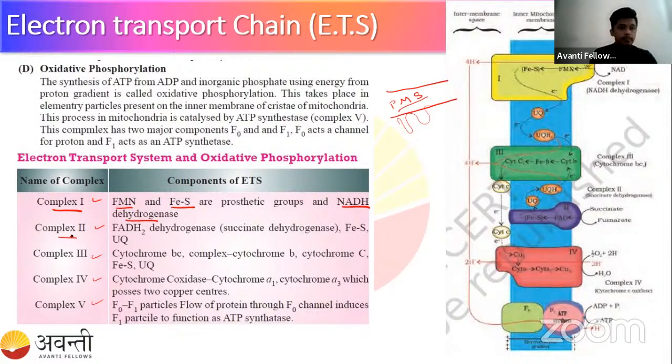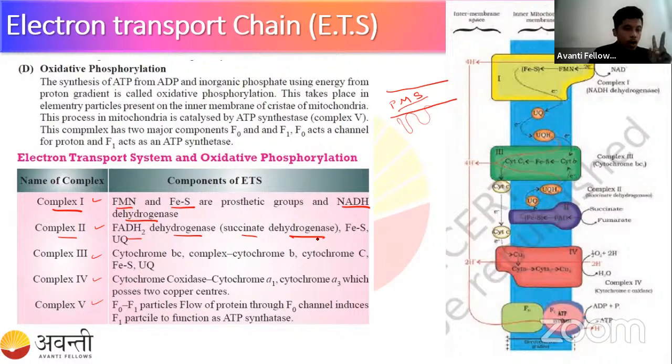Very important. When I talk about complex 2, what does it have? It has FADH2 dehydrogenase, or it is also called succinate dehydrogenase. Sometimes you get confused between succinate dehydrogenase and FADH2 dehydrogenase. People think that they are two different things. No, it is called by different names, but it is the same enzyme.